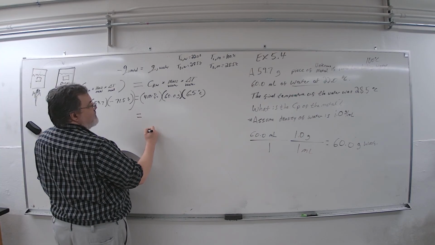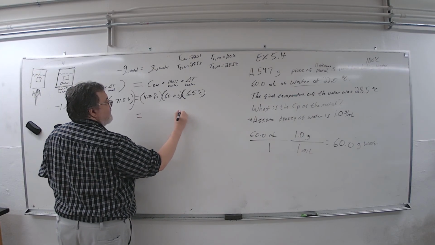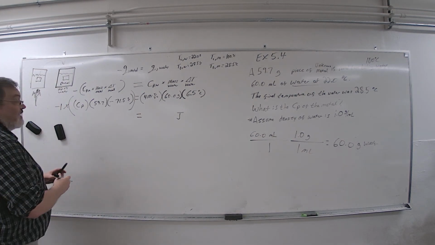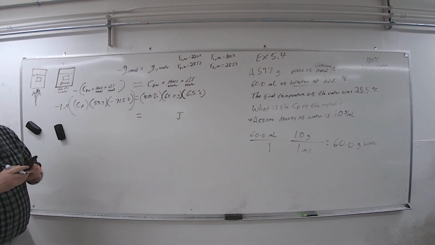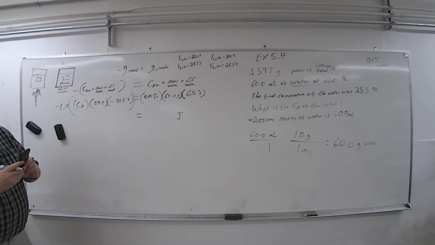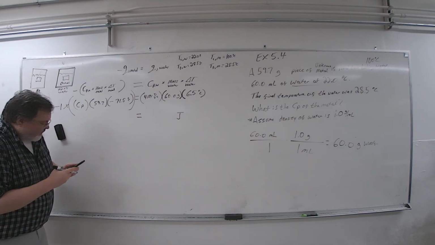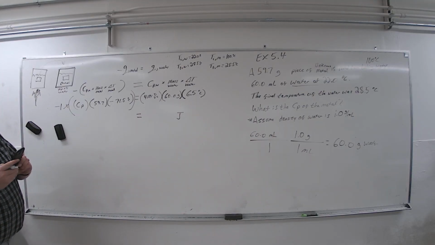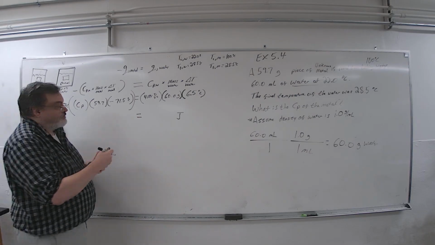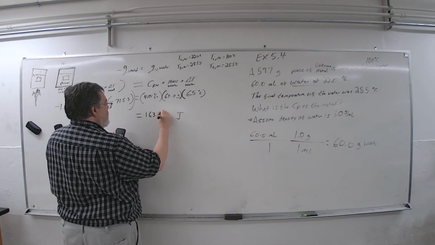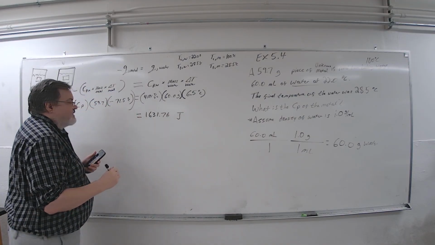We're going to end up in joules. Grams and degrees C are going to cancel. And I say we keep a few digits. 4.184 times 60.0 times 6.5. Let's just keep those digits for now.